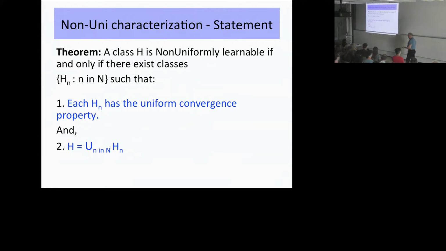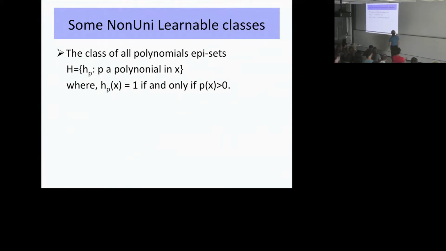So for example, I wonder if I put a slide with these examples. Right. So here is the example I wanted. Say I want to compete with the class of all polynomials. So what do I mean by the class of polynomials? If I have a polynomial P, I look at the label 1 whenever I substitute x in the polynomial and I get a positive result.